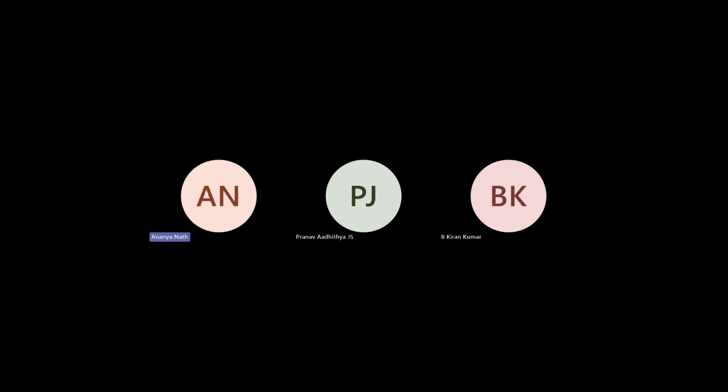Is the area of a 2 millimeter radius circle or diameter? Diameter, ma'am. Diameter. Okay. And the options are 2 pi, pi by 2.